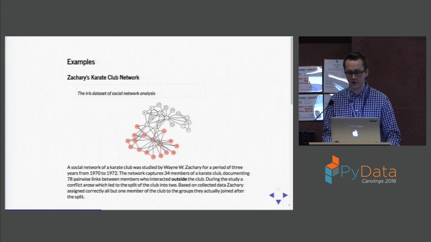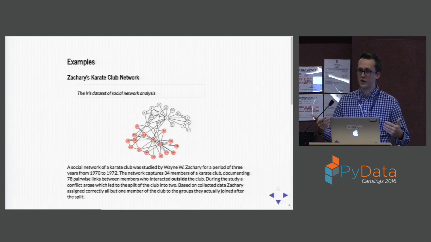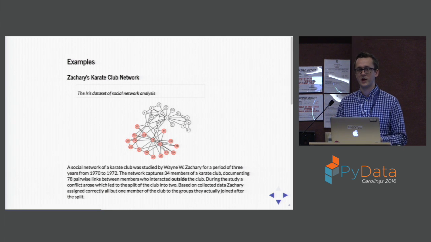There's a ton of vocabulary. But this network specifically, what we're looking at is 34 members of a karate club, and the sociologist Wayne W. Zachary took a look at the members of this karate club, and he recorded their interactions outside of the karate club. Not that interesting in itself, but what ended up happening was that the karate club split after 2 of the leaders got in an argument, and what he was able to do is predict which separate karate club the members would go into based off of their interactions outside of the karate club.